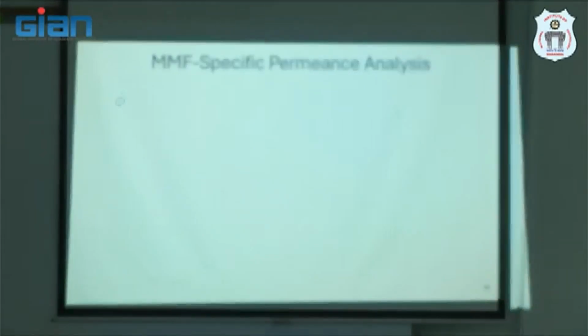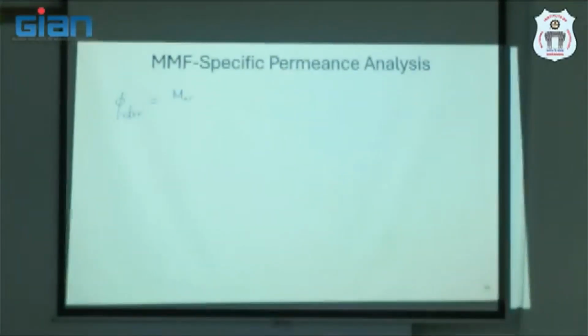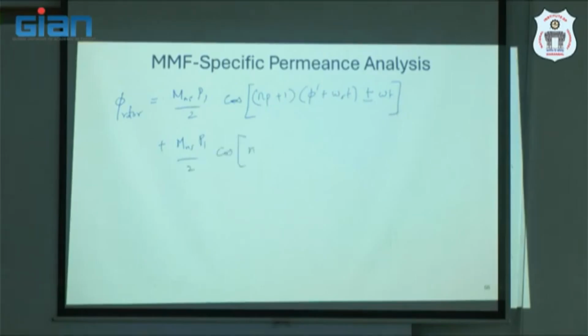The same flux density from the rotor frame would be P1 by 2 cos((N P plus 1) phi dash plus omega t plus or minus omega t) plus P1 by 2 cos((N P minus 1) phi dash plus omega t plus or minus omega t). So the same flux density, when we look at it from the rotor frame of reference, will be represented like this.